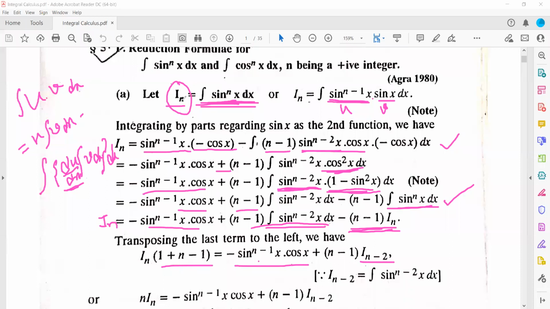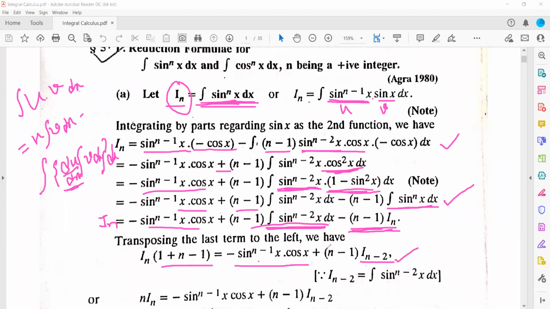So if you put n minus 2 in place of n, integration of sine to the power n minus 2x dx can be written as I suffix n minus 2. So that is n minus 1, and this integration I have written as In minus 2, since I n minus 2 is equal to integration sine to the power n minus 2x dx. Is that clear, this line?